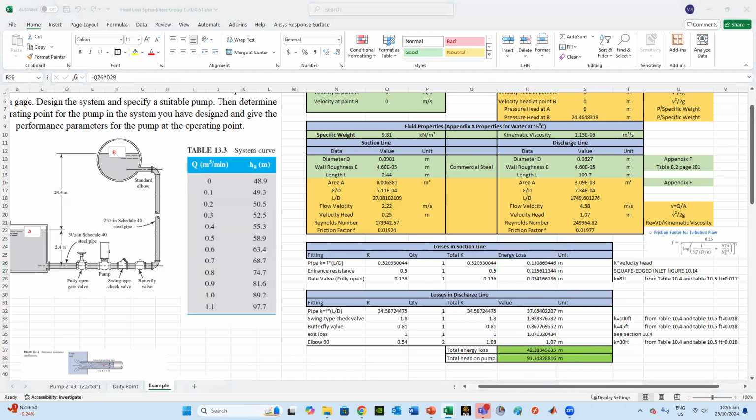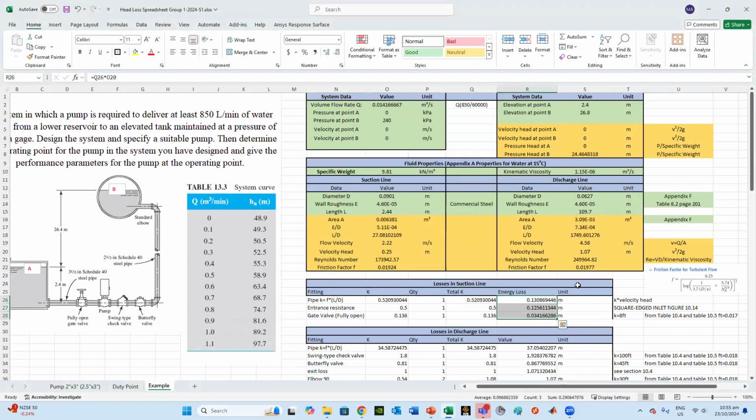Now, to do that for calculating the other information, it's good to understand the total head on the pump, which is required by the system itself. You need to include with it the elevation, so you can get the right value.